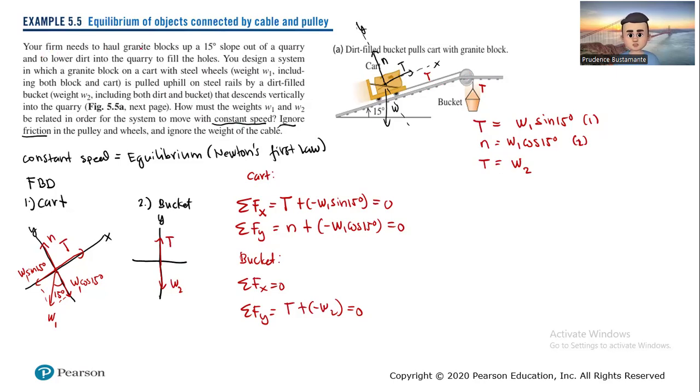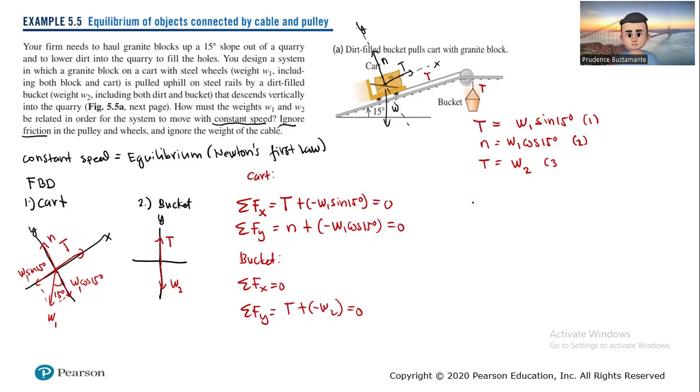Your firm needs to haul the granite blocks up the 15 degree slope of the quarry and to lower the dirt into the quarry. It is a system where a granite block on a cart with steel wheels is pulled uphill and is connected by a cable to a dirt-filled bucket that descends vertically in the quarry. Just remember that the tension here is equal to the tension there.